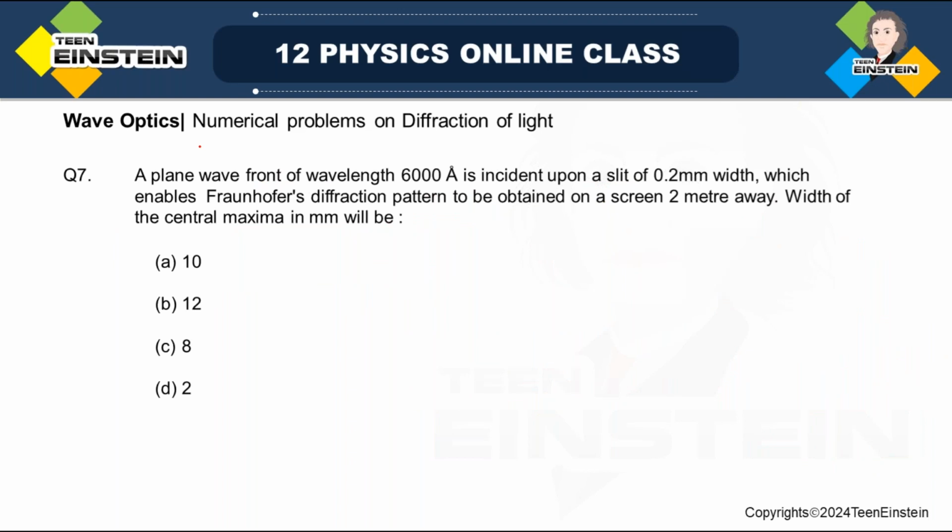A plane wavefront of the given wavelength is incident on a slit of the given width. So let us write this in millimeter. Let us make this into 10 to the power minus 10 meter.